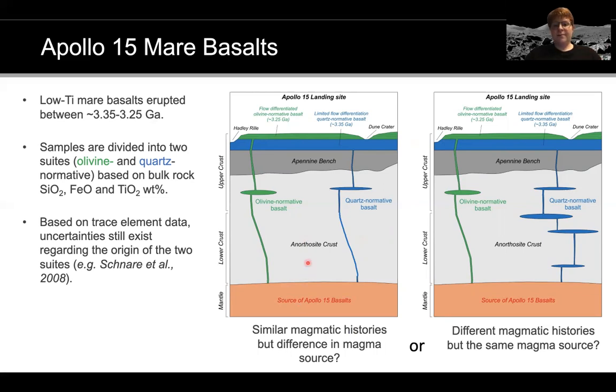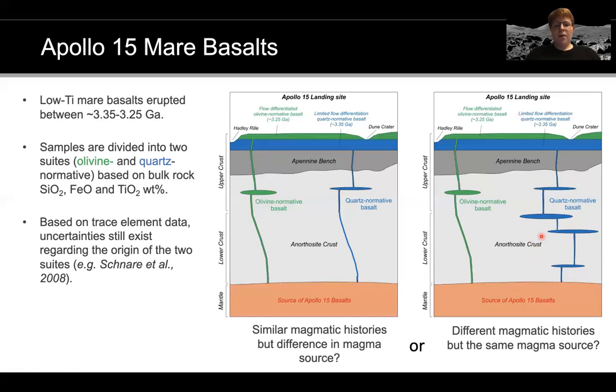The other hypothesis is that we have a similar source for both suites, but the difference has come about due to differences in magmatic history, namely that the quartz normative basalts experienced a more complex magmatic history of multiple fractionation events within the lunar crust, and this led to a difference in chemistry compared to the olivine normative basalts.